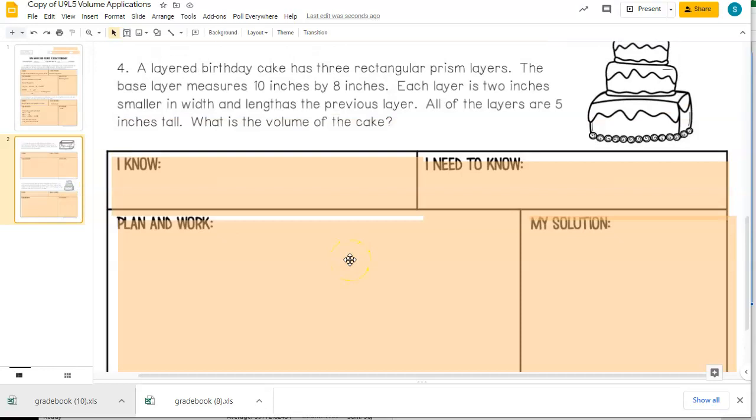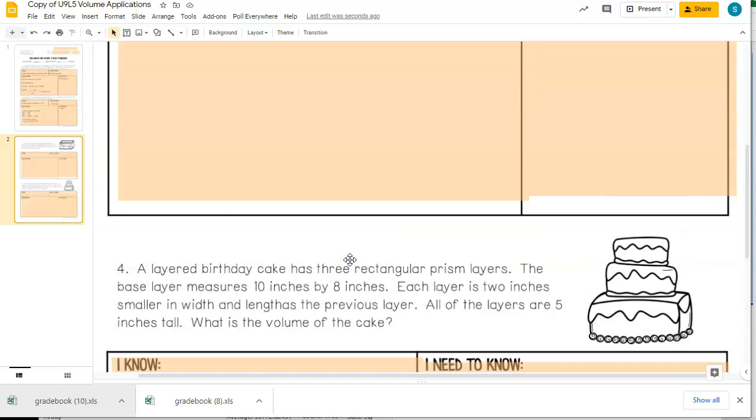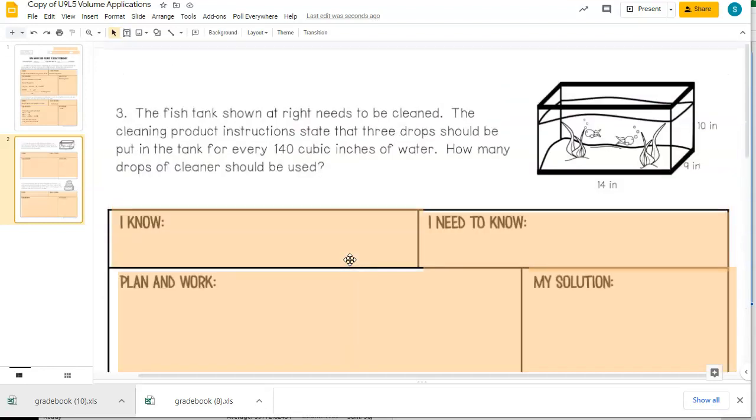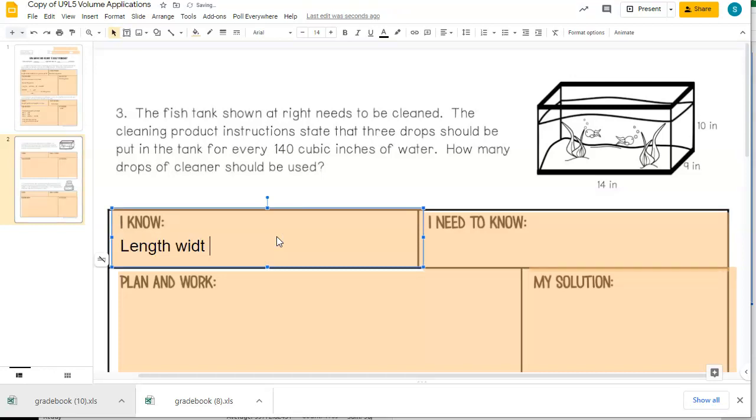So, let's look at another problem. The fish tank shown at the right needs to be cleaned. The cleaning product instructions state that 3 drops should be put for every 140 cubic inches of water. How many drops should be used? So I know the length, width, and height.